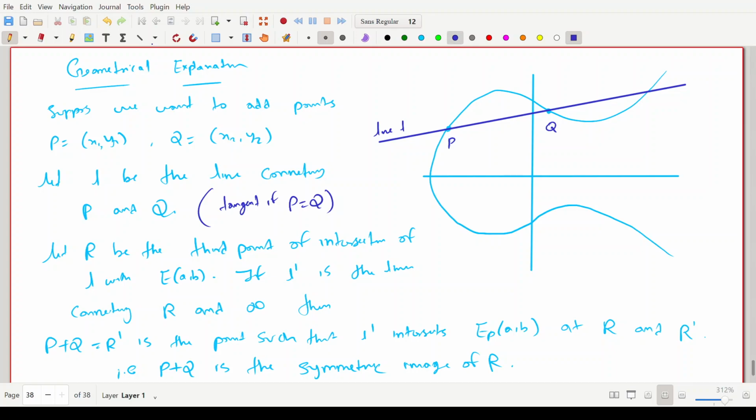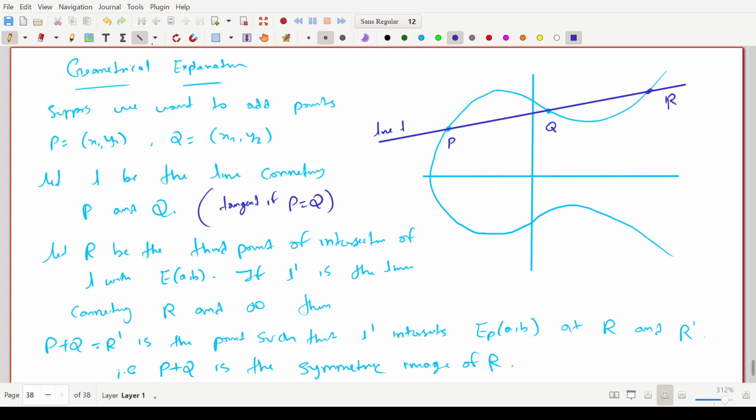Now let me just quickly tell you here. This is my point P, this is my point Q. I have drawn a straight line passing through these 2 points. This is my curve E_p(a,b). This straight line cuts it here also, so this point we call R. Now try to draw a straight line which is parallel to the y-axis.